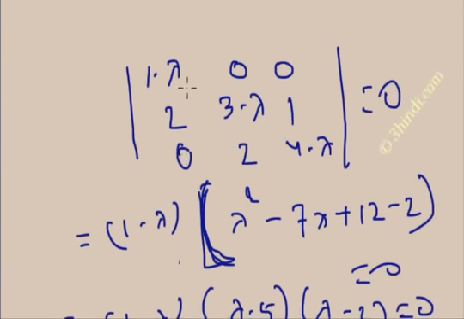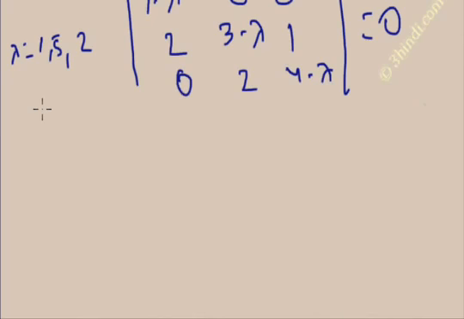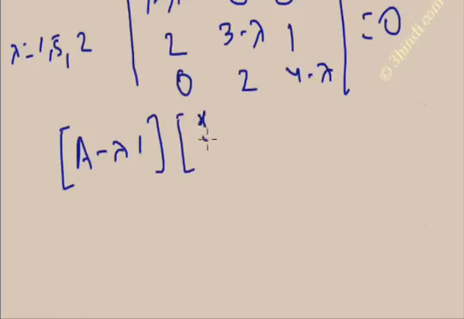I put 1 in place of lambda. The eigenvalues are 1, 5, 2. For one eigenvalue, 1, I will find the eigenvector, meaning A minus lambda I into x, where x means x, y, z, is equal to 0, 0, 0.